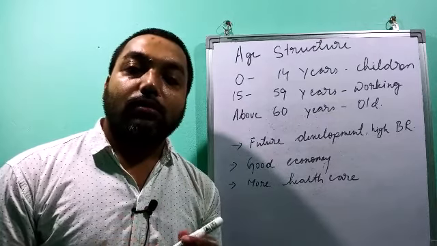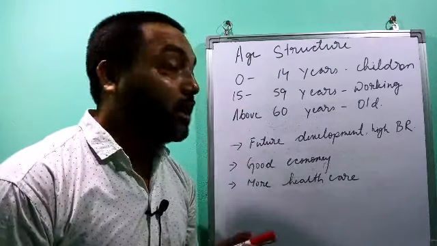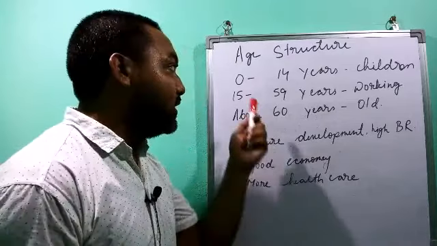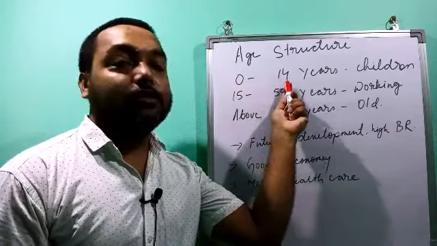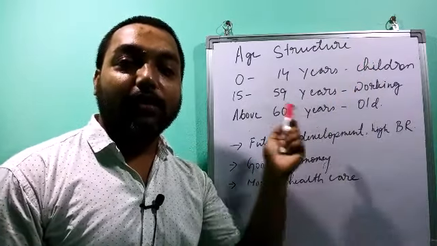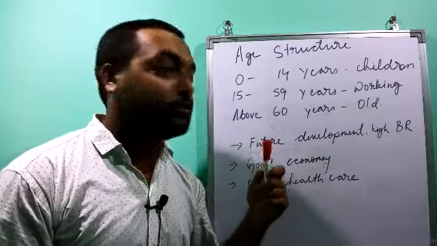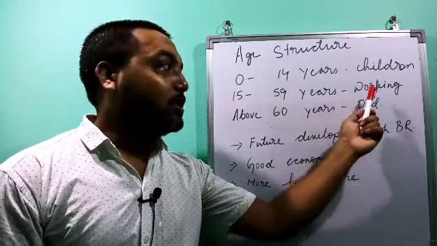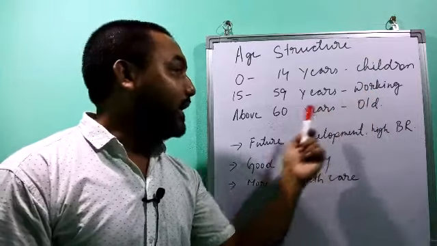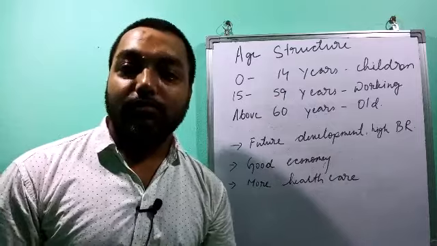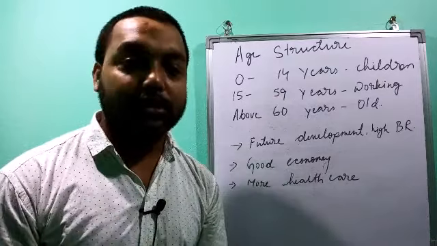So the total population of a country is divided into three distinct age groups, that is 0 to 14 years. These are called children population. Below 15 are considered children population. Then 15 to 59 years, they are called working population. Then above 60 years, they are called old age people or aged population.